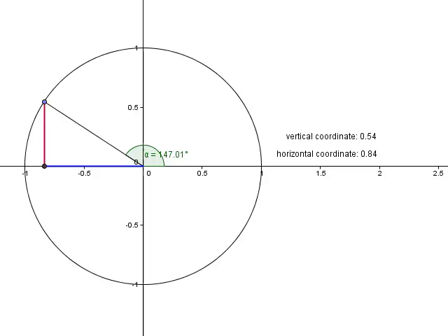GeoGebra is still thinking in geometry, so it's still measuring the length of the blue line. But you've got to remember that the blue line now represents a negative coordinate. So the cosine here of 144.96 degrees, which I happen to stop at, is actually negative 0.82, not 0.82, while the sine is still positive 0.57.